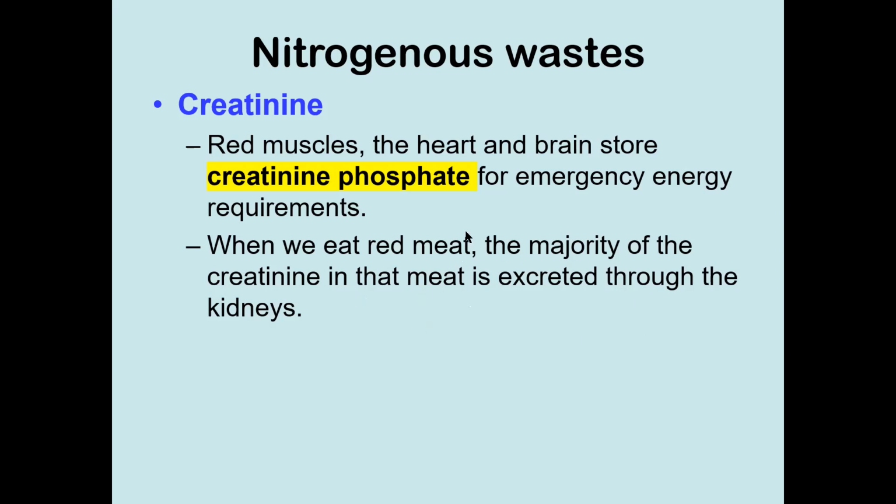Now, eating red meat, the creatine that's in the meat, it will get rid of it through the kidneys. So we don't actually use it, but we keep some of it.